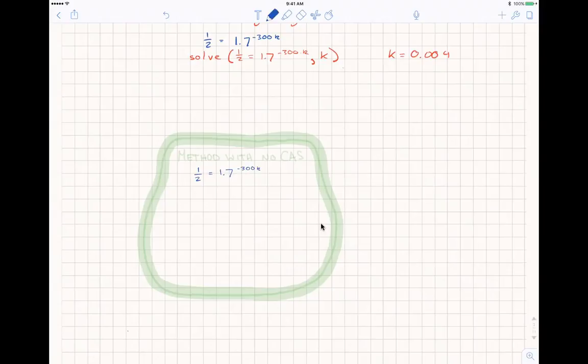It's an indicial equation, so we'd have to find the logarithm of both sides, log to the base 10. The minus 300K that's in the index there, we could take out the front of the logarithm on the right-hand side using our log laws.